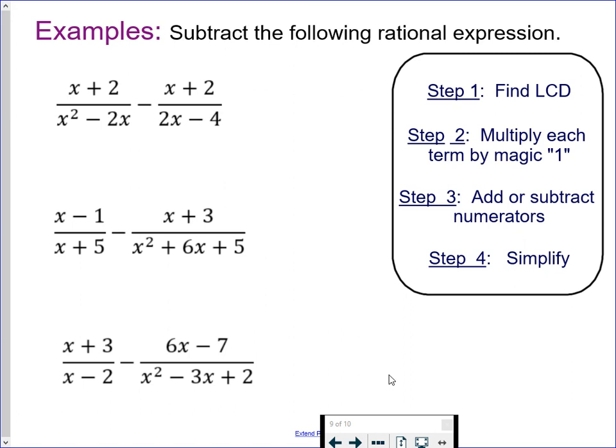Where'd you get your negative one? I just flipped them around because x plus 2 is the same in the numerator, so I just made it -1. I could be wrong, but I feel like that's easier than dealing with decimals.